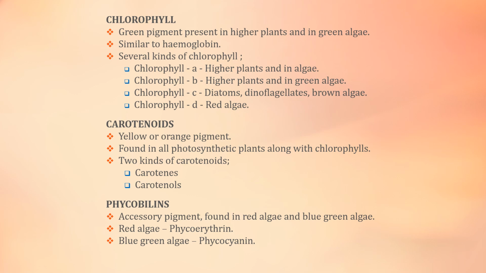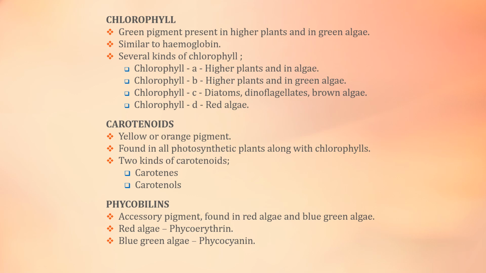There are several kinds of chlorophyll, namely chlorophyll A, B, C, D. Chlorophyll A is present in higher plants and algae. Chlorophyll B is present in most green algae. Chlorophyll C is present in diatoms, dinoflagellates and brown algae. Chlorophyll D is present in red algae.